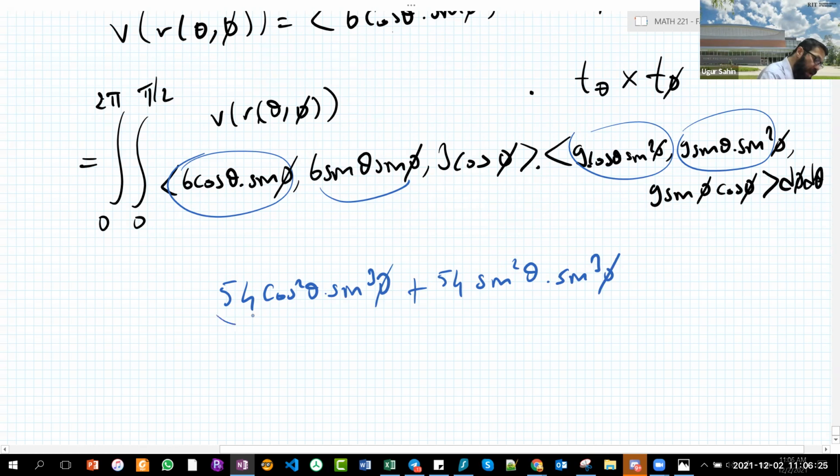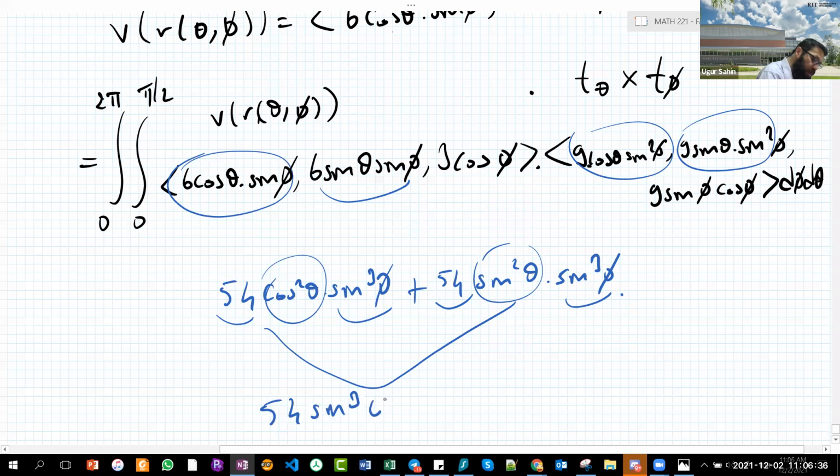Look at what I have. I have like terms here, and the rest is just going to be 1, since the two terms will give me 54 sine cubed phi. And plus, I'm going to multiply this by this, which is 27 sine phi cosine squared phi.